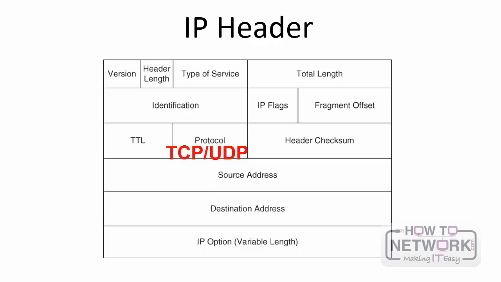TCP and UDP are common protocols identified by this field. Finally, the source address field, which is a 32-bit field indicating the source of the IPv4 packet, and then the destination address field, which again is a 32-bit destination address, which indicates the destination for that packet.